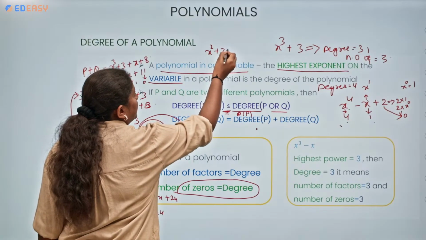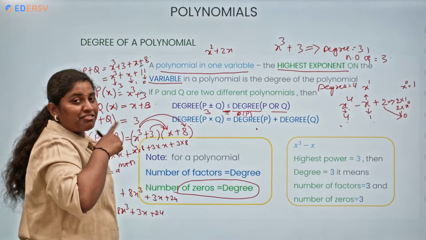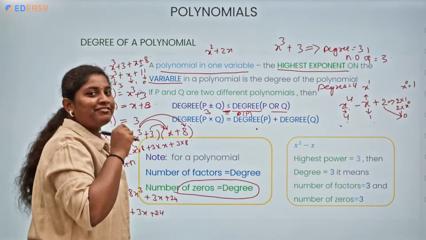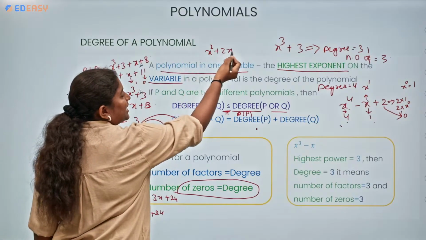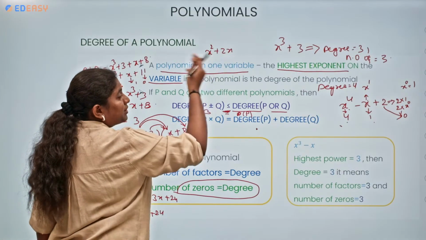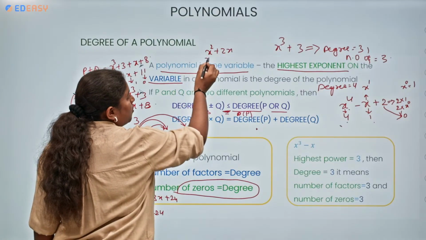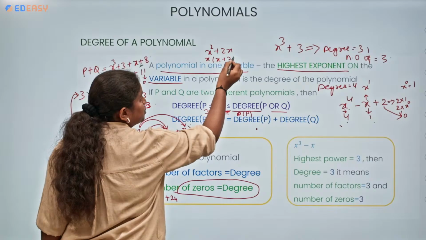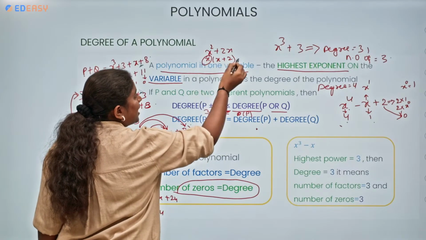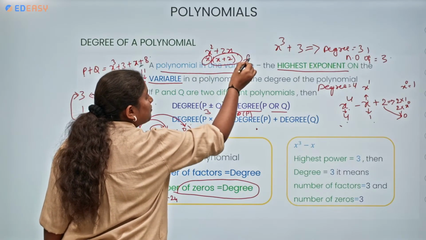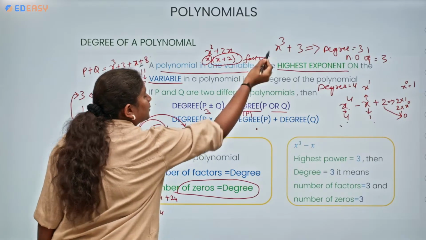Simply we can take once again x square plus 2x. Okay, can we find the factors for that? Yes, we can find, where I can take my common term outside. So I can take x common, so it will become x into x plus 2, where x is a factor and x plus 2 is also a factor, right?